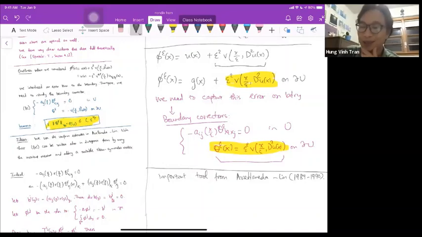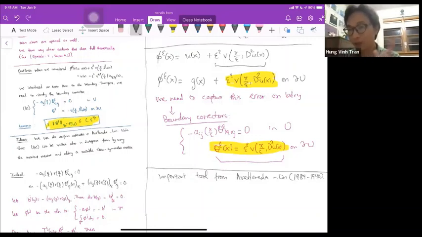And what is interesting here is that although earlier I told you that we try to avoid rewriting the non-divergent problems into divergent form problems, it turns out that in this case we need to do so.